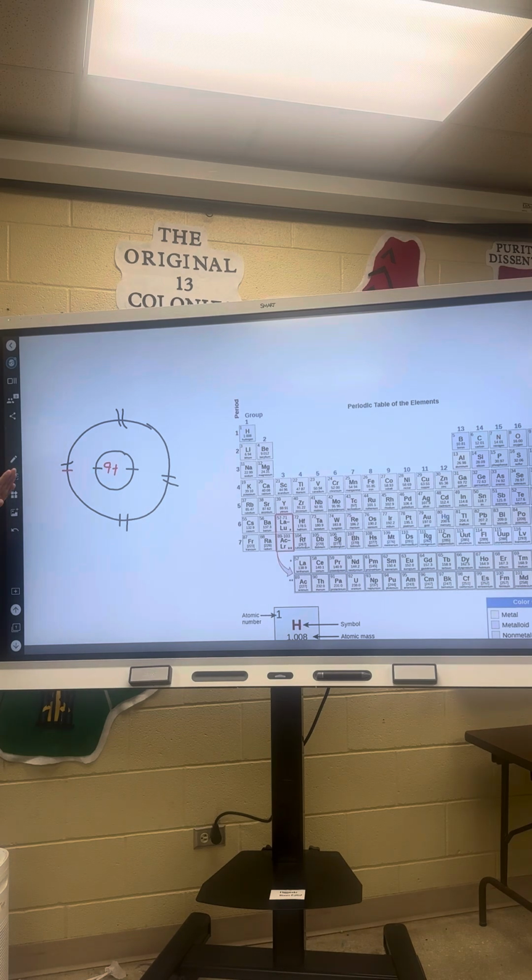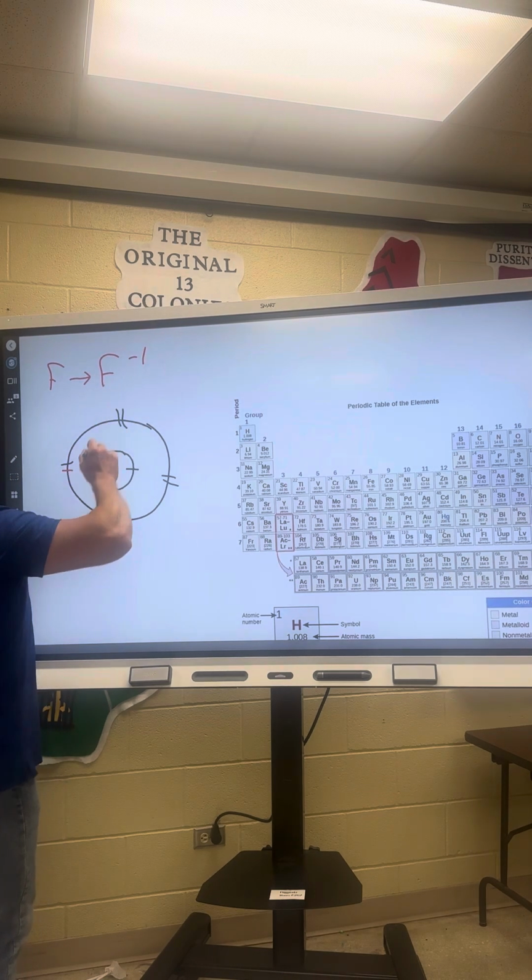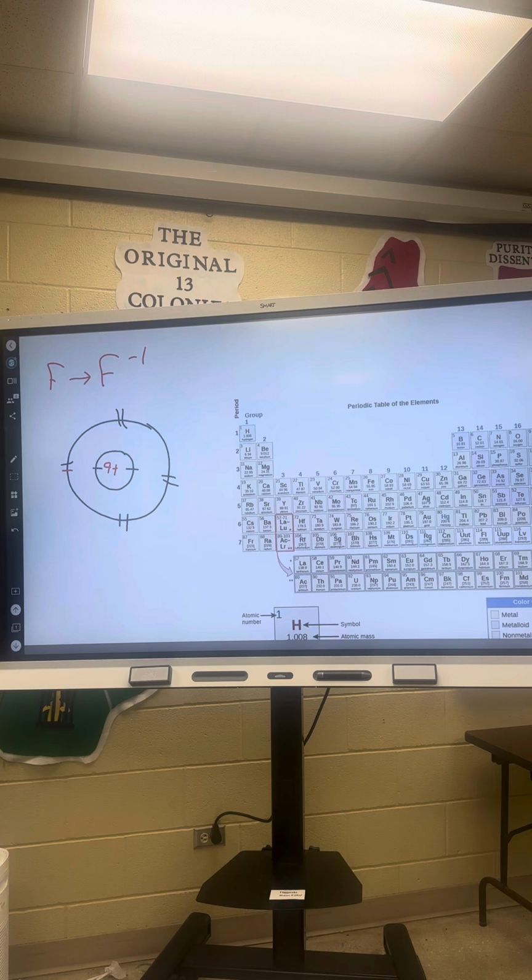Okay, now, fluorine will therefore go from fluorine to a fluorine with a -1 charge. It'll form an anion. Question is, does it get bigger? Does it get smaller? Does it stay the same size? What's going to happen? Not as easy to see. It's going to get bigger, slightly bigger.